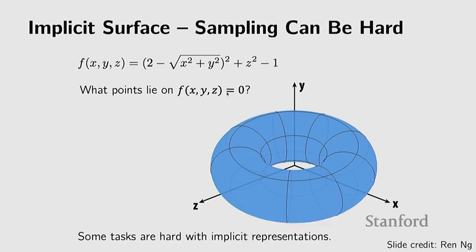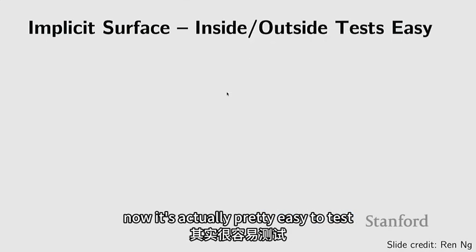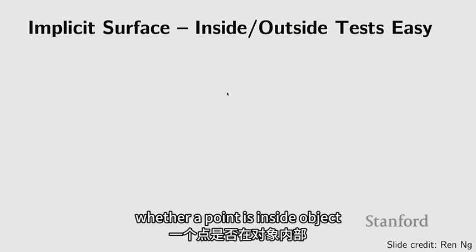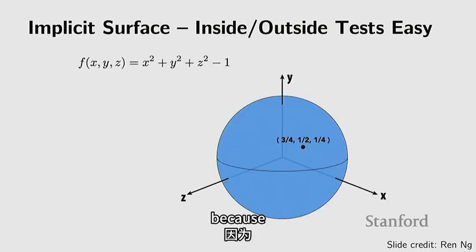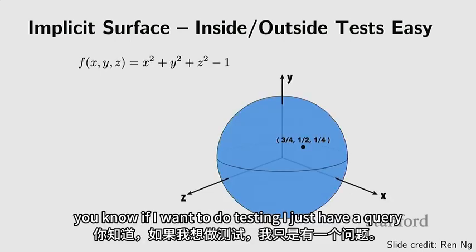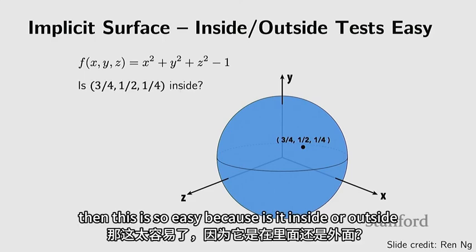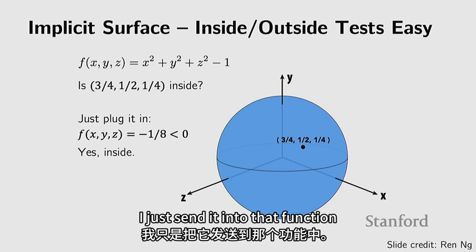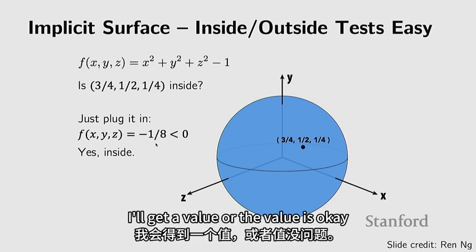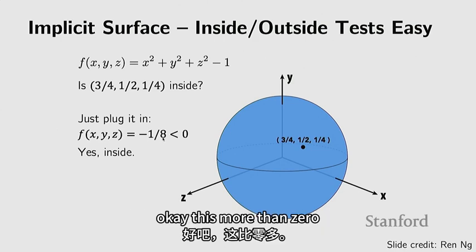But the strength of that is that it's pretty easy to test whether a point is inside or outside the object. If I want to do testing, I just have a query, and I just send it into that function. I'll get a value, say minus 1/8, which is smaller than 0.